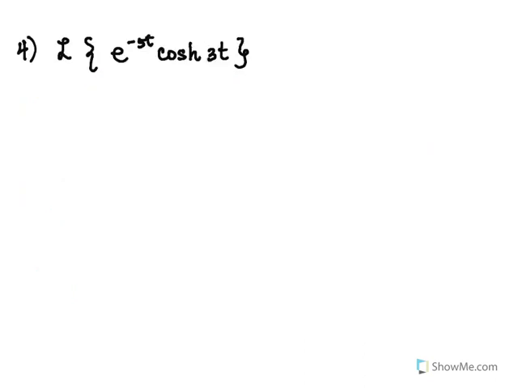Now for the fourth example, it's basically a product of e to the negative 5t and cos 3t. So again, we cannot write this as Laplace of e to the negative 5t times Laplace of cos 3t. Instead, we find a way to separate this into several terms. So recall that cos of x is equal to e to the x plus e to the negative x over 2.